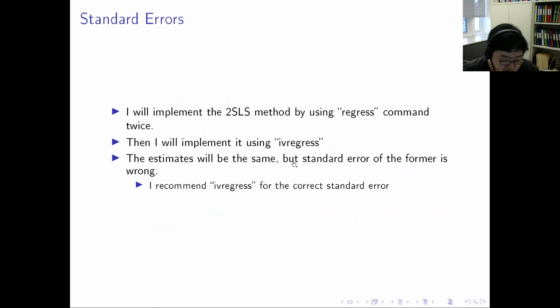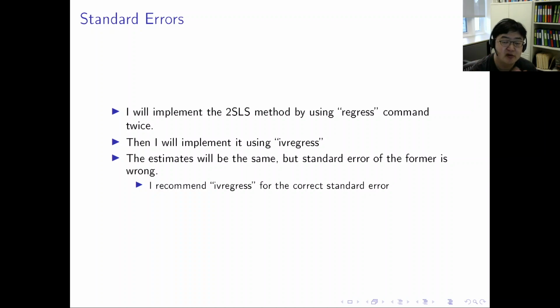And finally, one thing that I'd like to tell you first is that I'm going to implement the 2-stage least squares in 2 different ways. First method is using the regress command twice, right? That's basically why people use the 2-stage least squares.